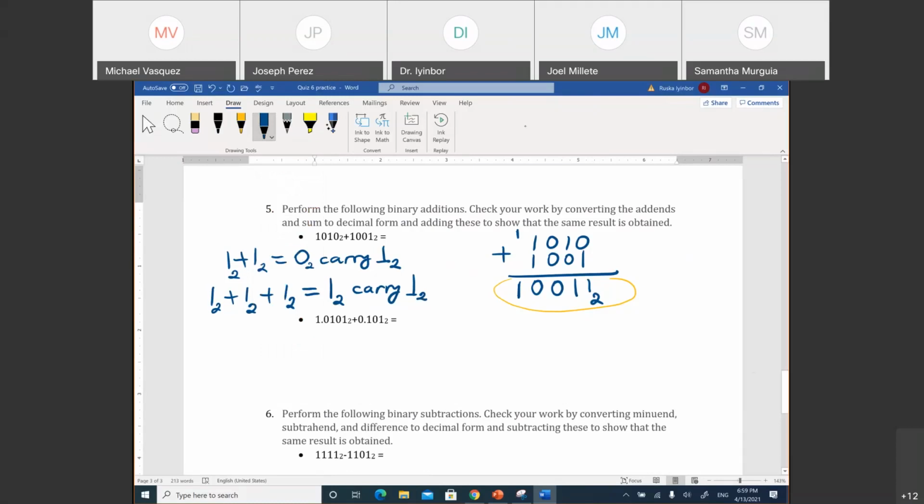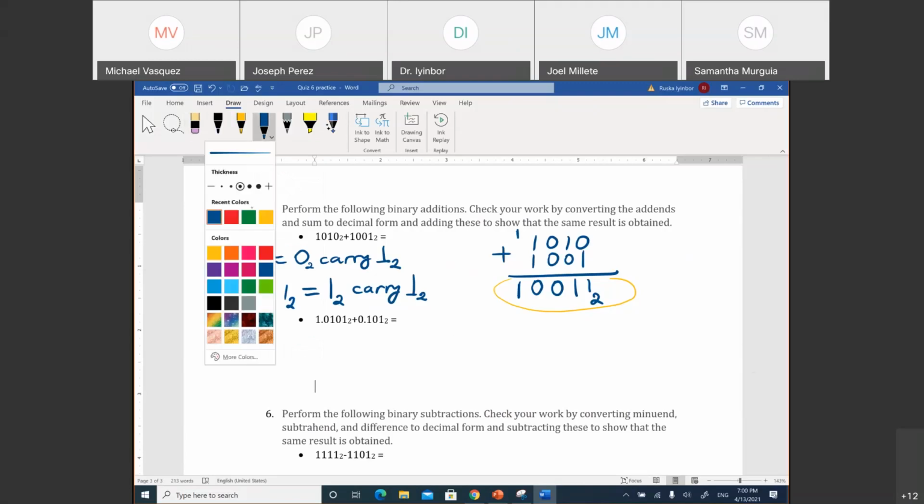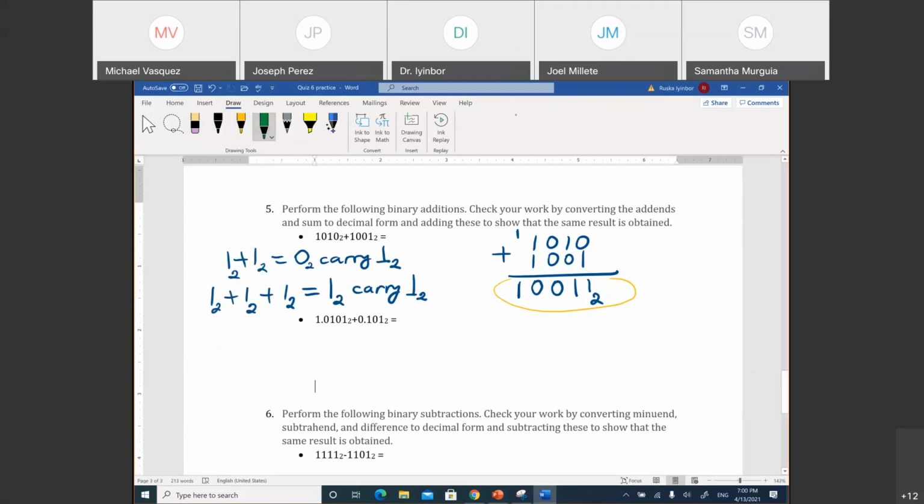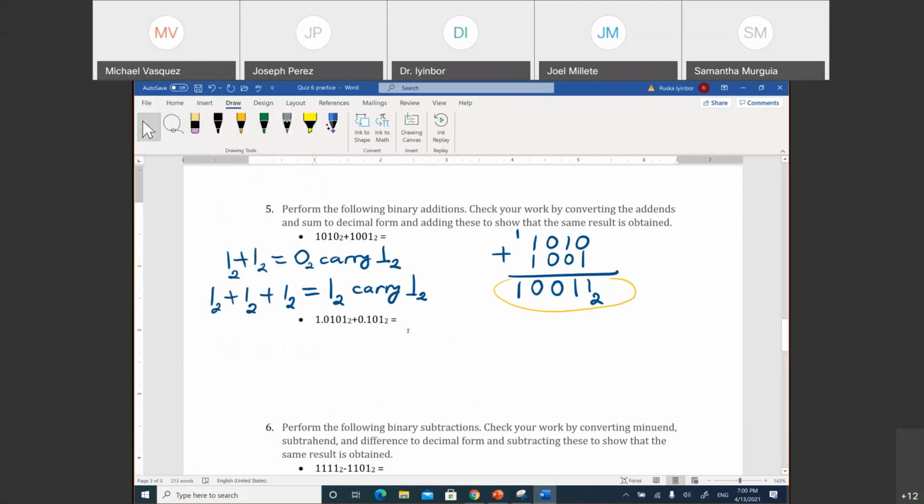The first one is 1 point 0101, and you're going to add it with 0.101. Make sure you line it up, right?